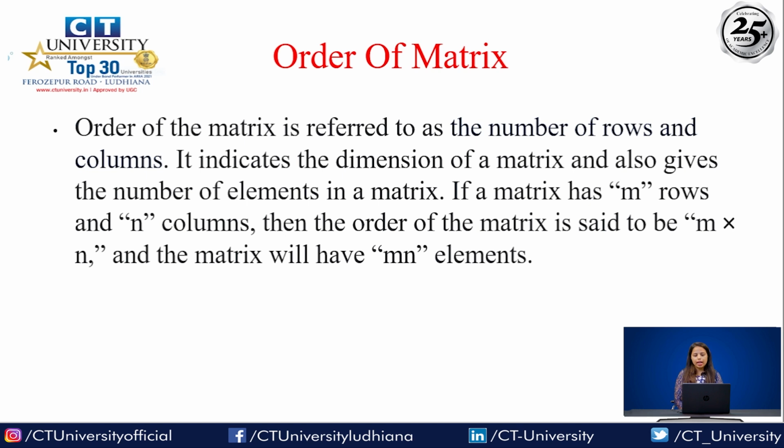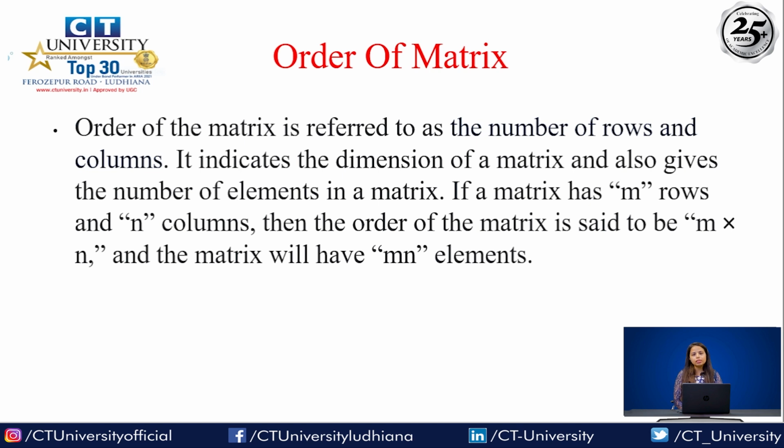For example, if a matrix has m rows and n columns, then the order of the matrix is m cross n, and the matrix will have mn elements. For example, you have a matrix with 2 rows and 3 columns.